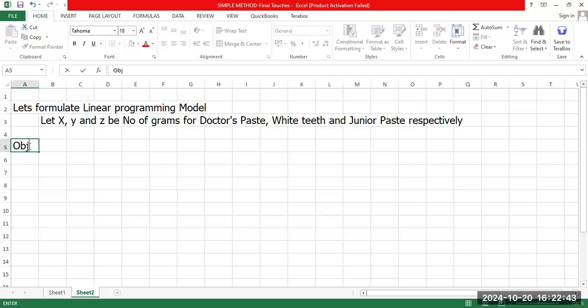Then what is my objective function? The objective function is going to be to maximize contribution. Z max is equal to... Remember how you have defined X, Y, and Z. Follow this order. Start with Doctor's Paste, White Teeth, and Junior Paste in that order. So let's analyze the way contribution is.